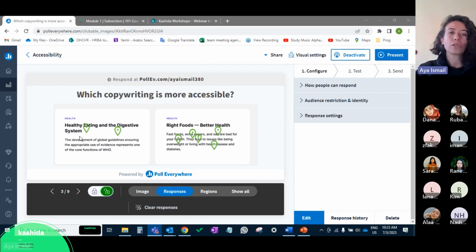And also for people who have cognitive disabilities, the one on the right is simpler. It's saying fast foods, extra sugars, and salt are bad for your health. It's very straightforward and a short sentence, versus the one on the left, which is 3 lines of one long sentence. So for cognitive abilities or even for maybe hearing impairment, it might be a bit more complicated.